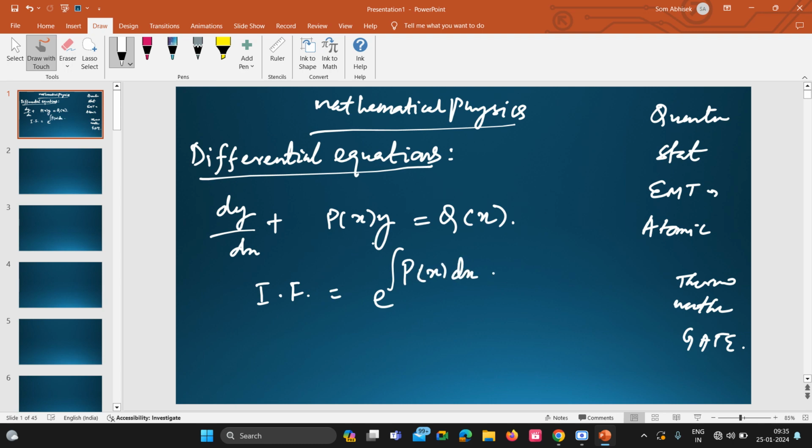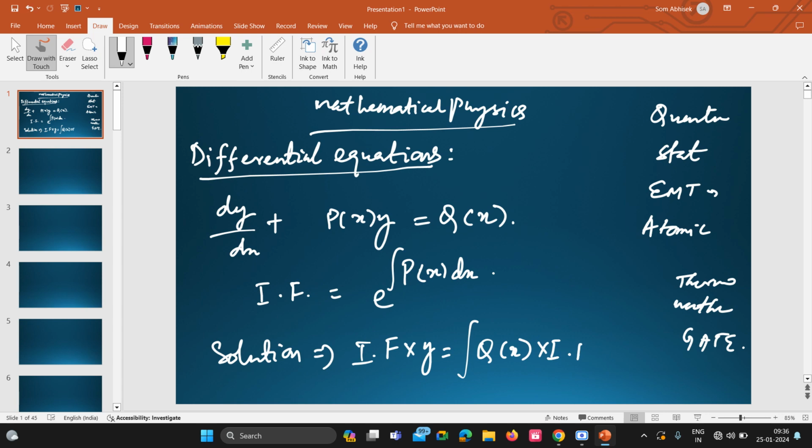After that, the solution will be: integrating factor into y is equal to the integral of q(x) into integrating factor dx plus c. That will be the solution of this differential equation.